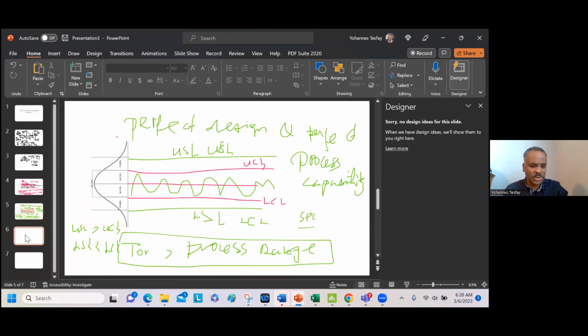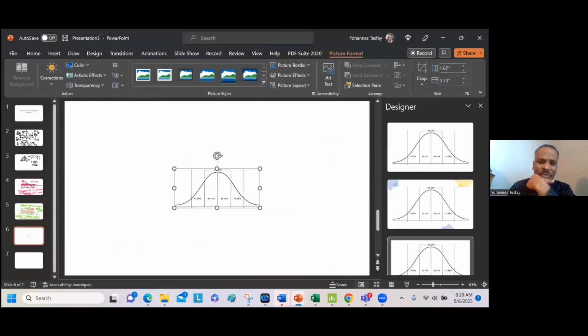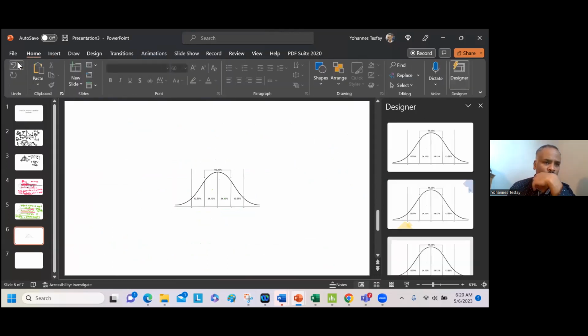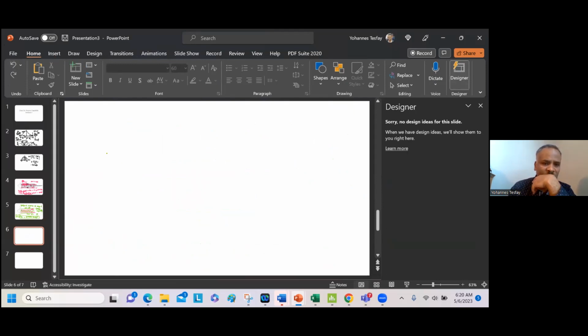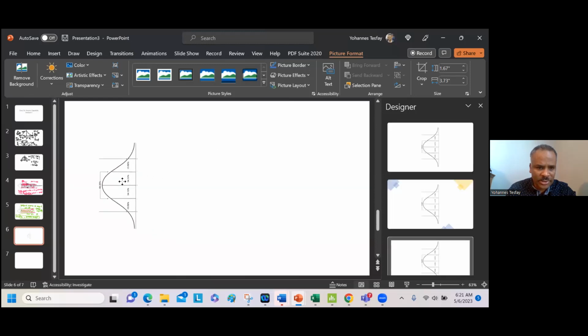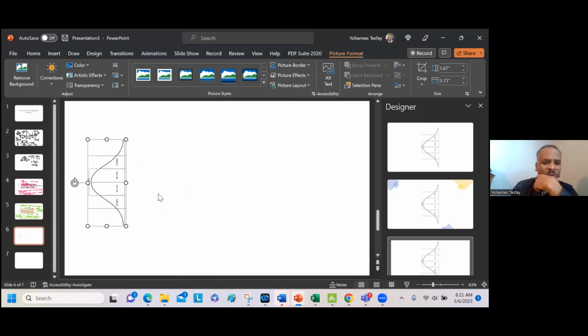So now let's go again. I'm going to show you something else. So this is my normal curve, assuming normal distribution. Now look.